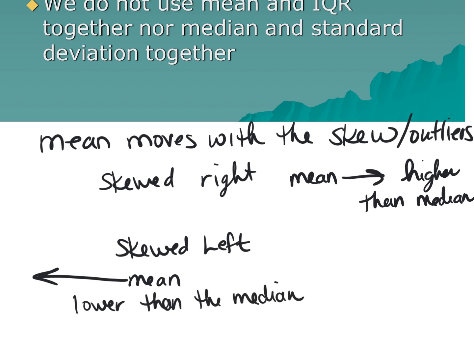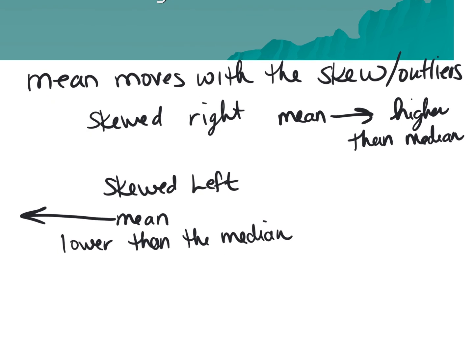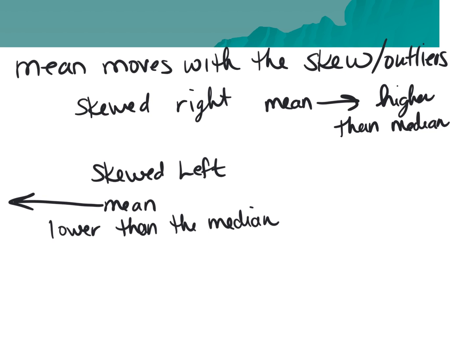The median and the IQR together are resistant to the skew and outliers. So they'll pretty much stay the same. The median might move a little bit if you add an extra data point, but it doesn't matter what that value is. You could add a height of 100 inches into your data and it's not going to change the median of our data because it'll move from the 65th to the 66th person, and that was still 66 inches in the example we looked at.